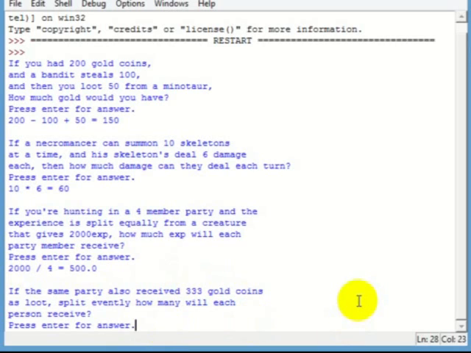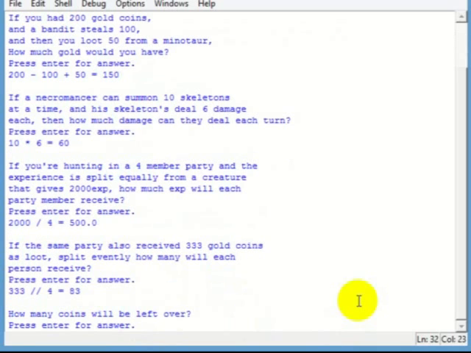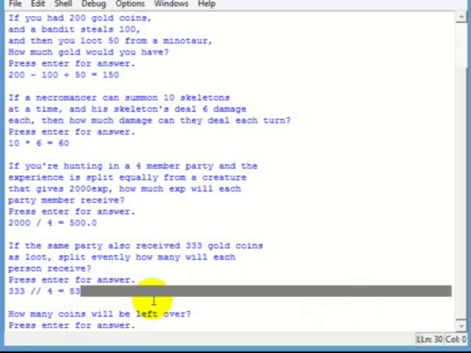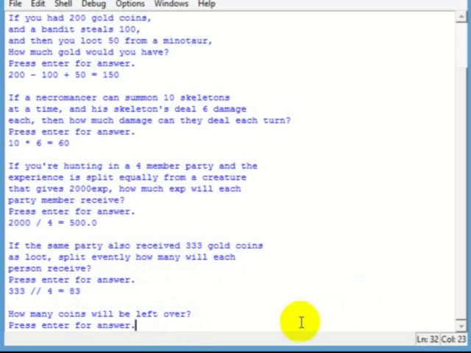Now let's try using integer division now, where it will not evenly split it. Press enter. 333 divided by 4 is 83. We know that not to be true because we know an odd number is not equally divisible by an even number. So why is that wrong? Well, it's not wrong, it's just they took the remainder off and left it off.